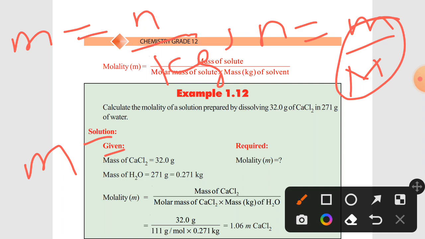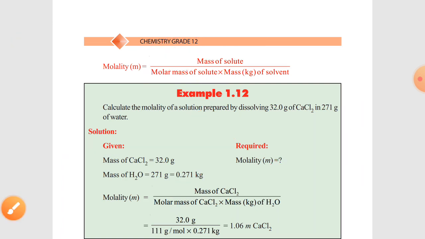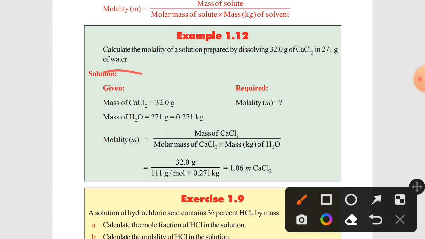Calculate the molality of a solution prepared by dissolving 3.2 gram of calcium chloride in 271 gram of water. 271 gram water is the solvent. The calcium chloride is the solute. The mass of water is converted to kilograms, which is 0.271 kilogram.